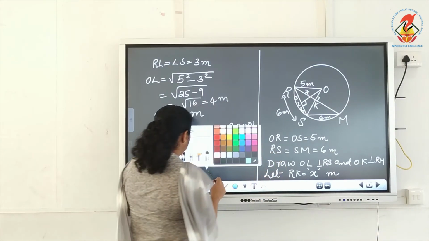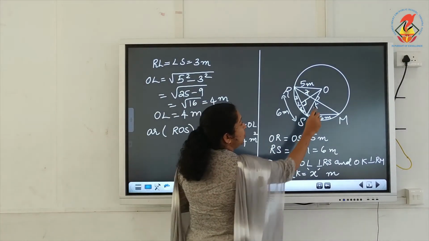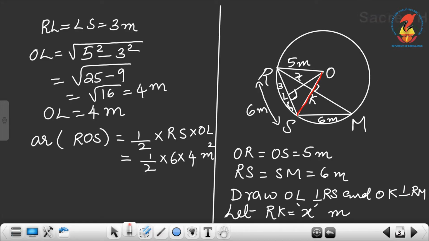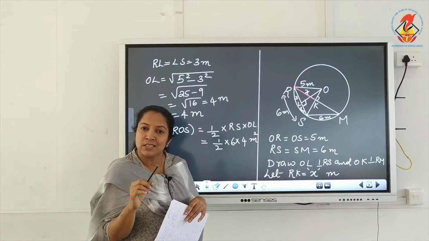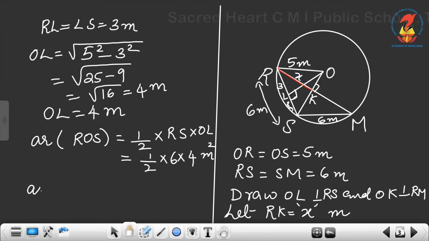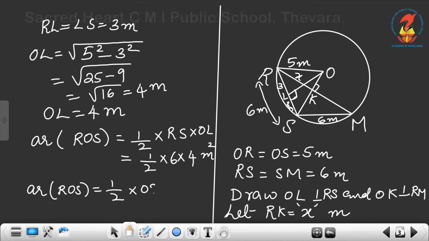So using this side OS and the altitude RK, we can find the area of the same triangle. Area of ROS again is equal to half into OS into RK.